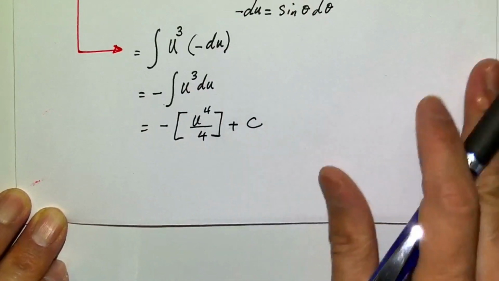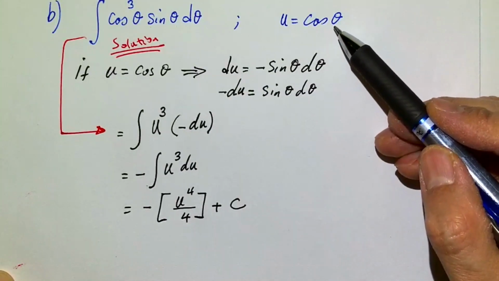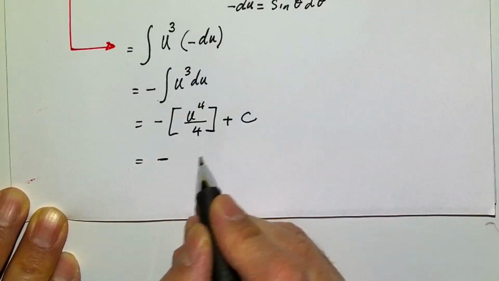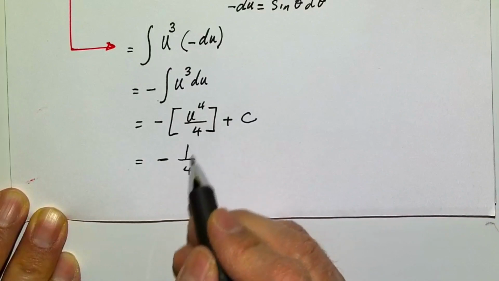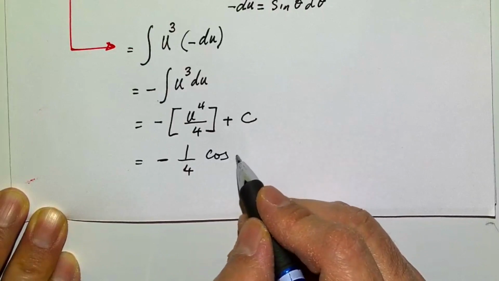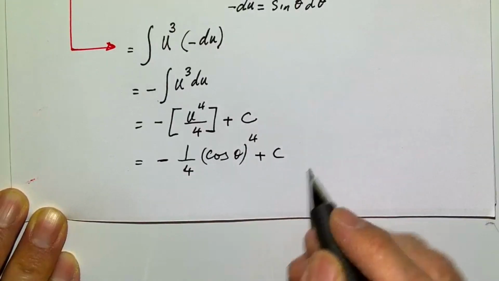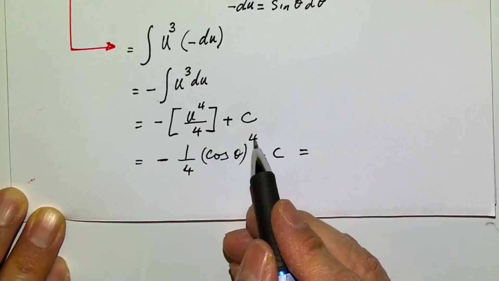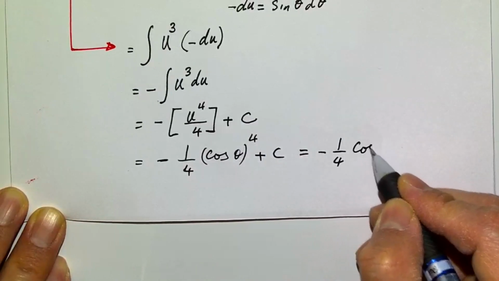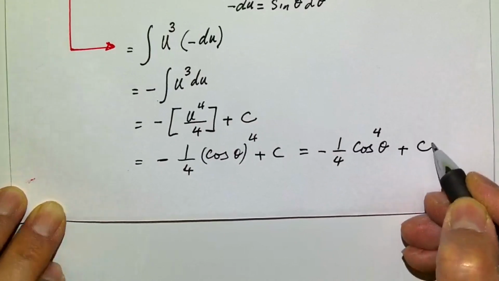All we have to do is replace u back with cosine theta, and we are done. So we write down minus 1/4 cosine theta to the 4th power plus c, but you all know that this power applies to the cosine. We can write minus 1/4 cosine to the 4th theta plus c.